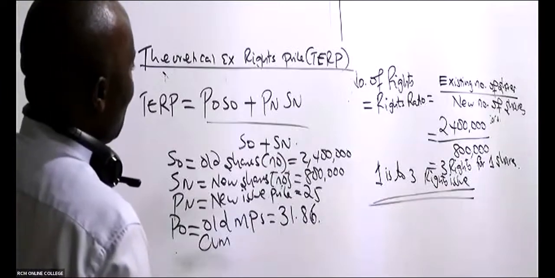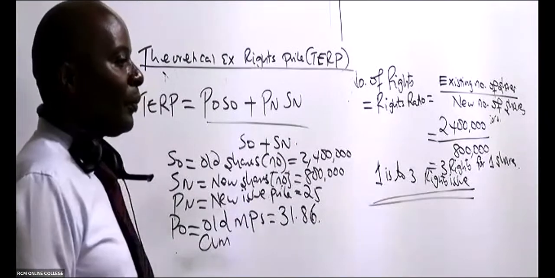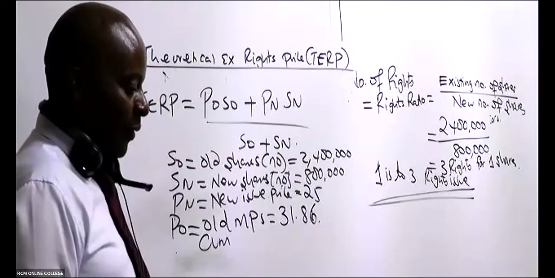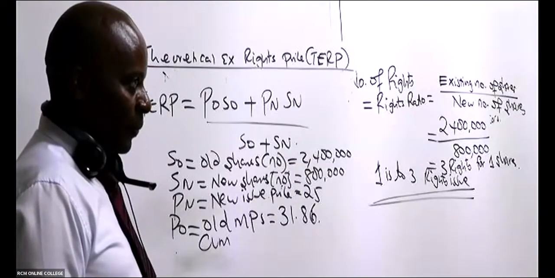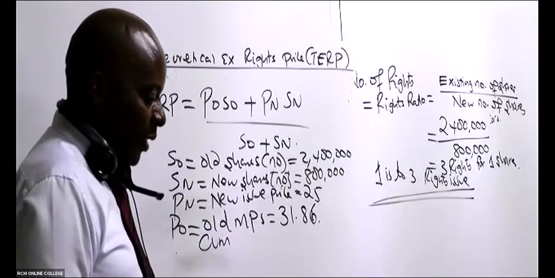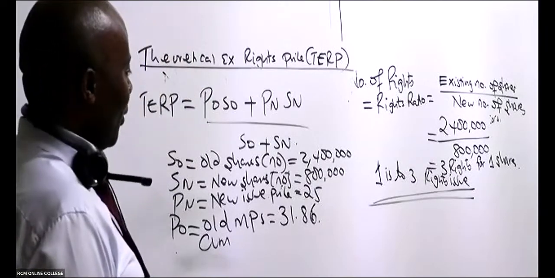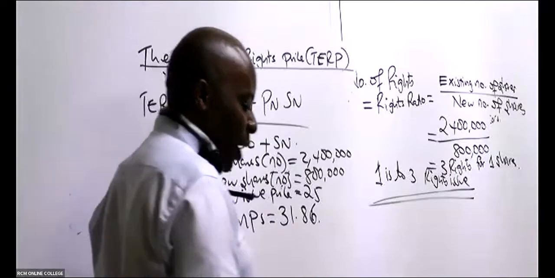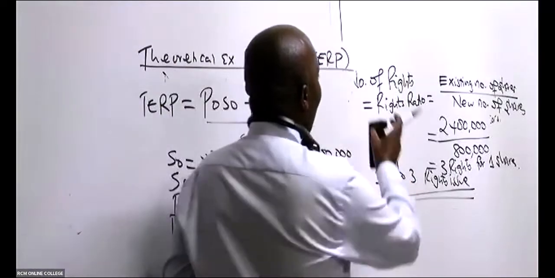Now substitute into the theoretical ex-rights price. We are substituting like superstars.